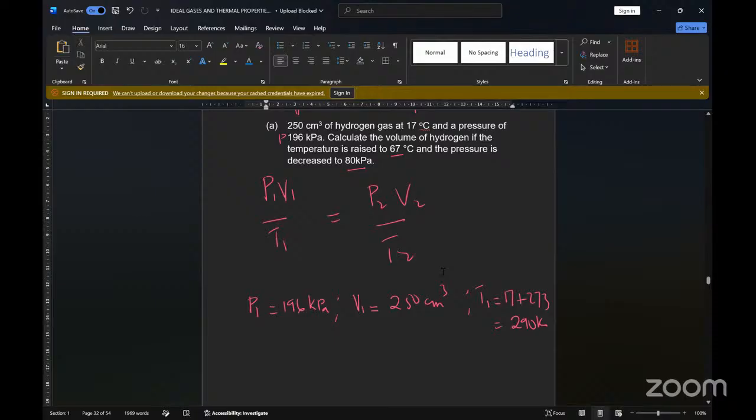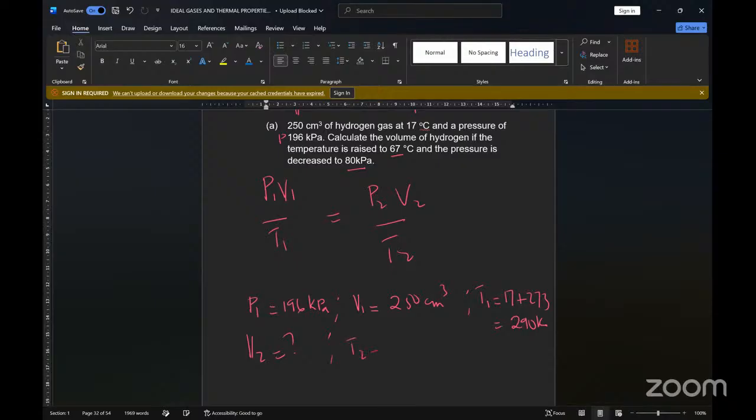Now let's go to the next one. It starts from the next sentence. It says calculate the volume, so V2 is unknown. Then calculate the volume if the temperature is raised to this.